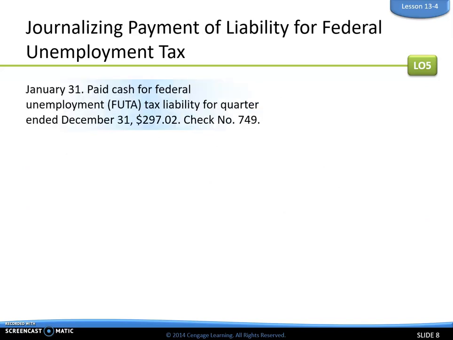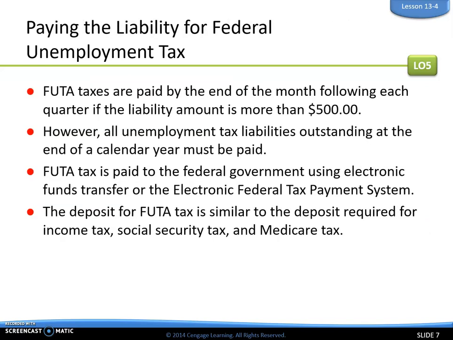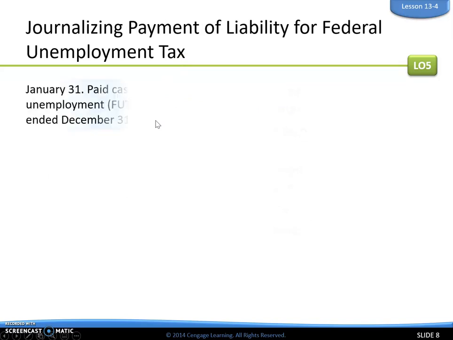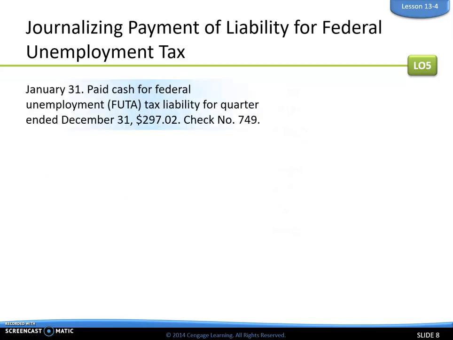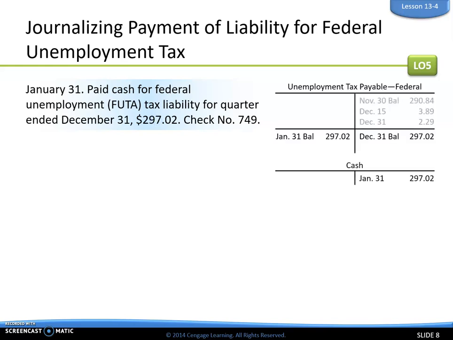So now we're looking at January 31st, and I'm going to go back to this because remember it says paid at the end of the month following each quarter. So January 31st is going to be our payment of our 4th quarter. It says paid cash for federal unemployment tax liability for quarter ended December 31st, $297.02, check number 749.